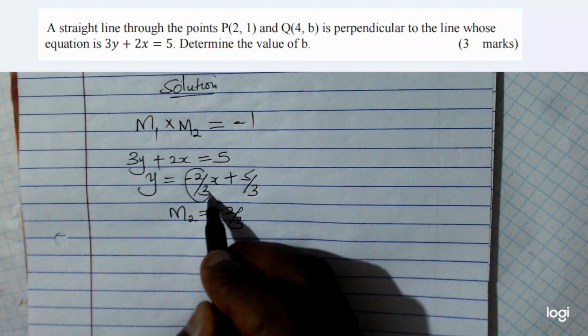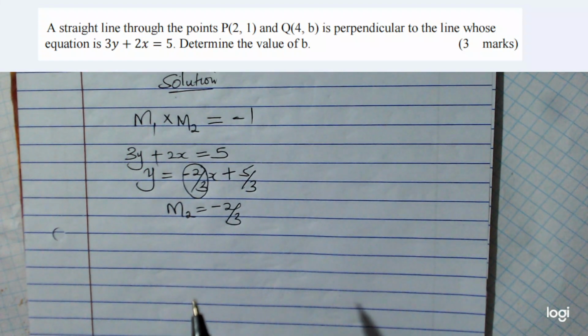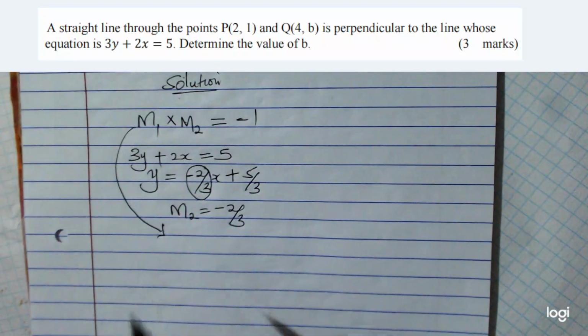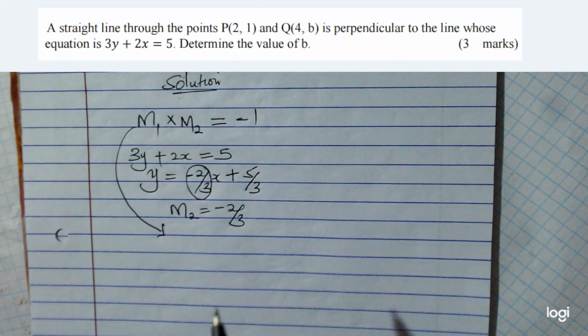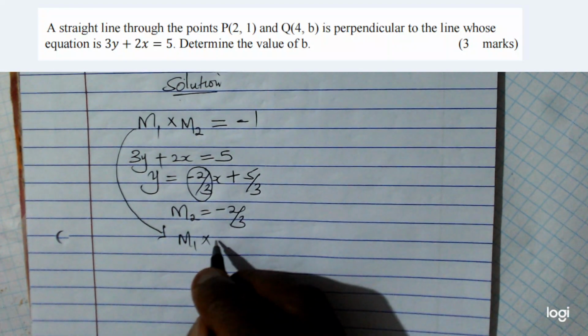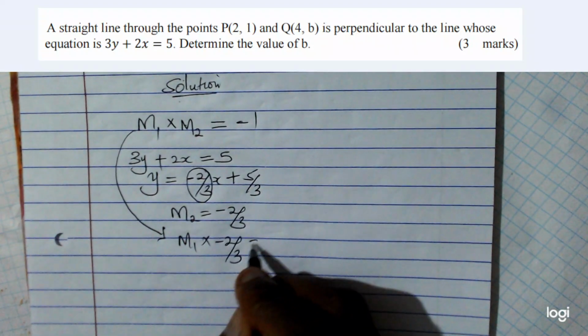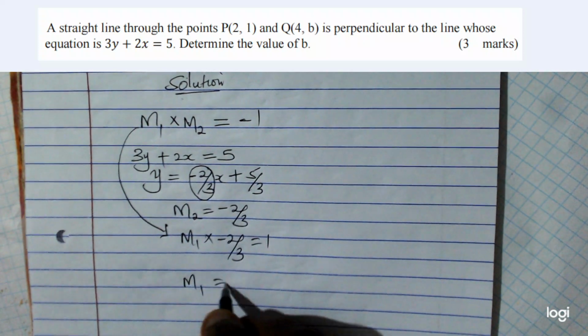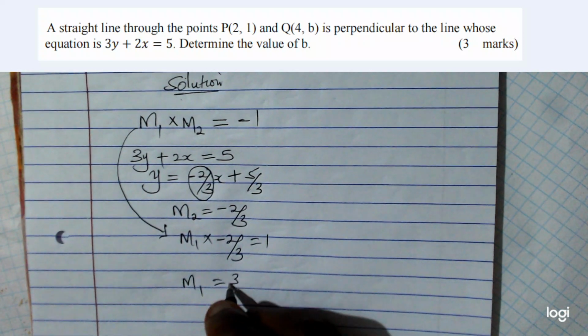That is the gradient. So definitely, using whatever we have here, we'll be able now to get the gradient that is m1. So m1 times m2, which is -2/3, should give -1, and therefore the gradient m1 should be 3/2.